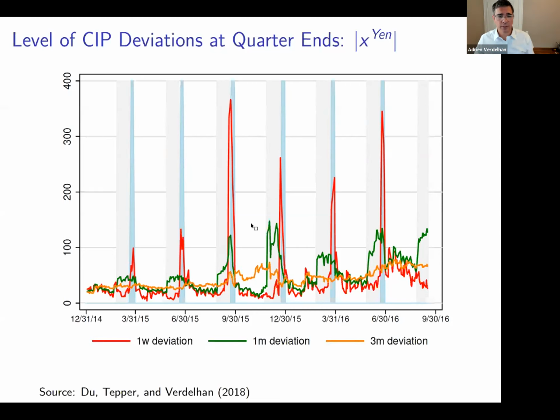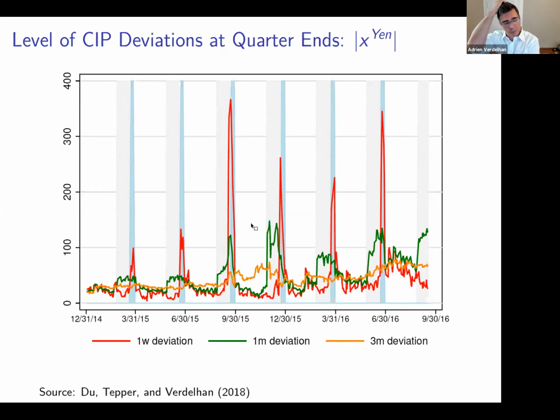Now, what is important here to notice is that the quarter end is important because that's when the banks need to report. But the identification doesn't come out of the quarter end. It comes at what happens 1 week before, when you look at the 1 week forward contract, or 1 month before when you look at the 1 month forward contract. Because we all agree that at the quarter end, many different things happen.